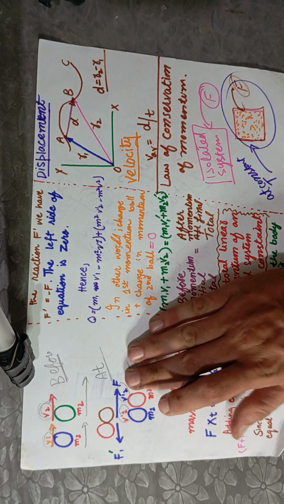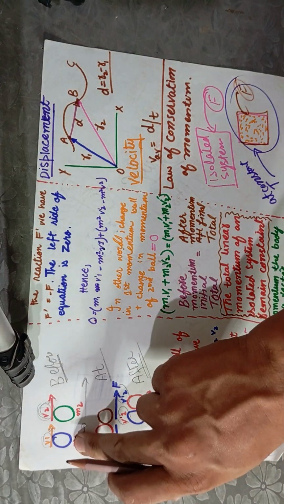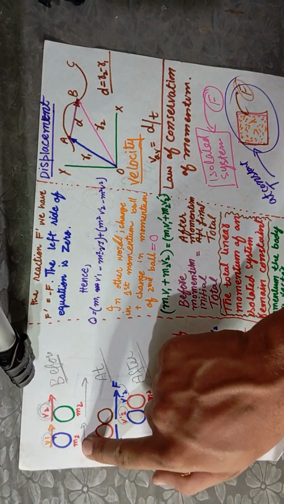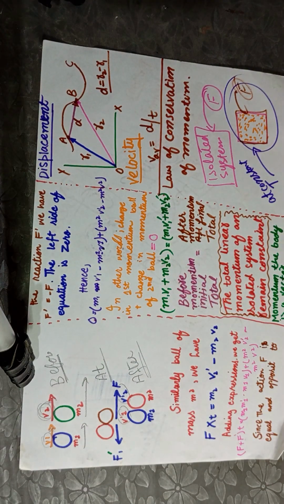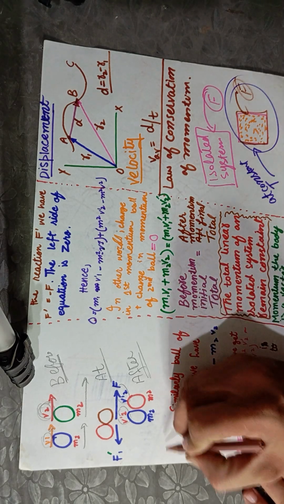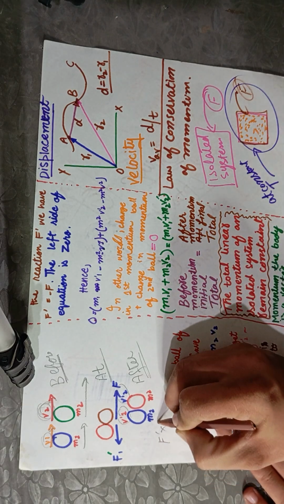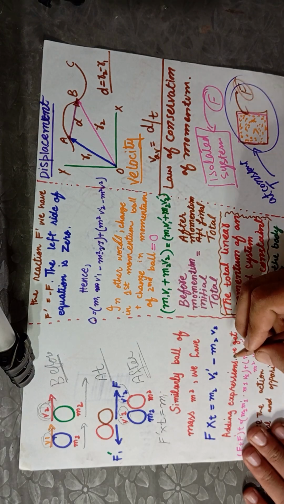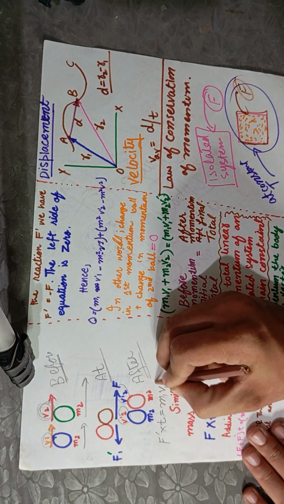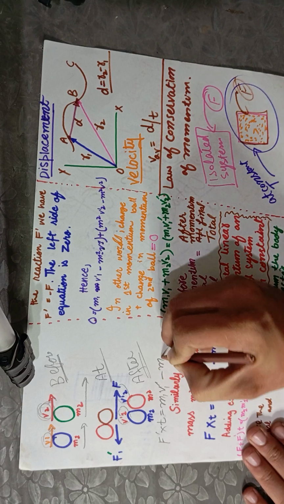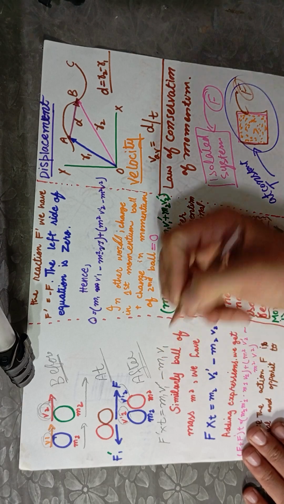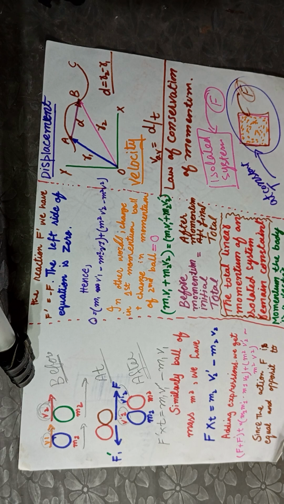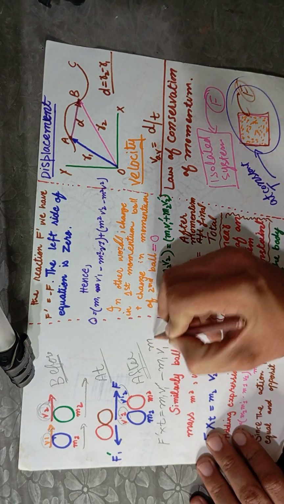To find the change in momentum of mass m1, using the equation F dash times t is equal to m1 v1 dash minus m1 v1, for mass m1.